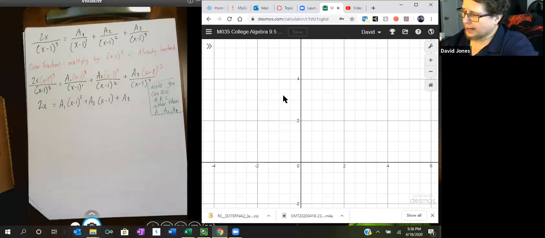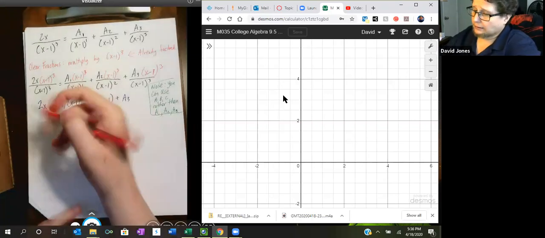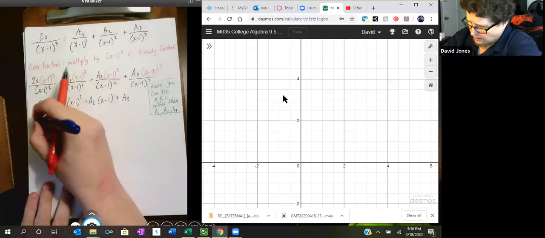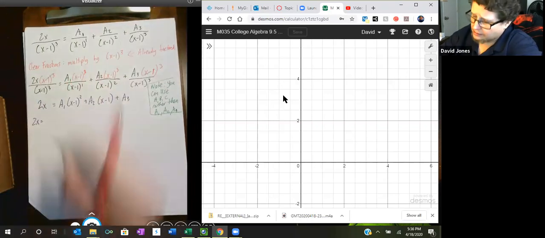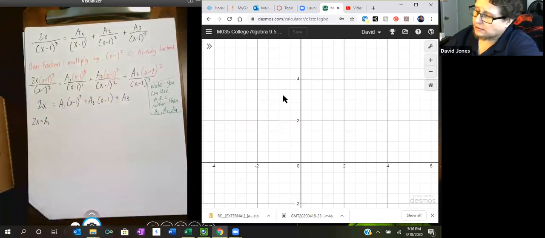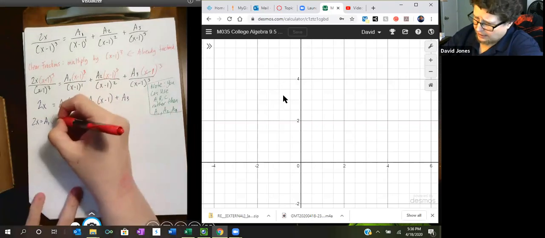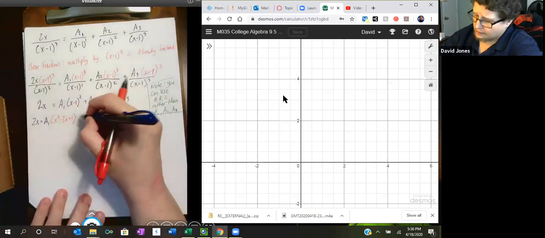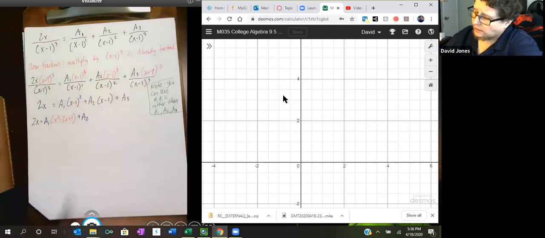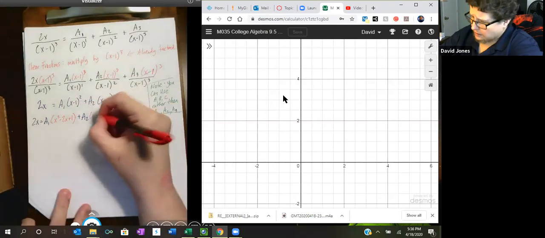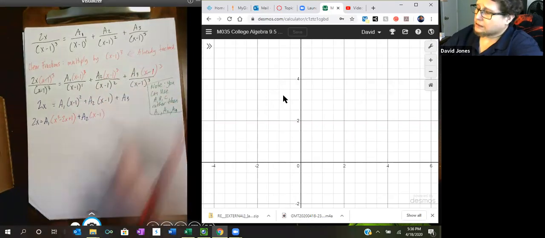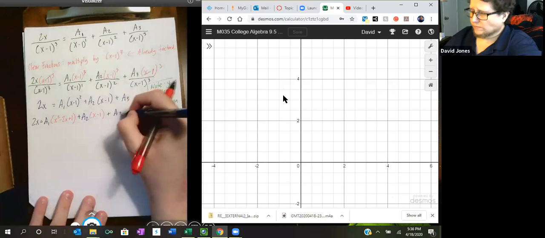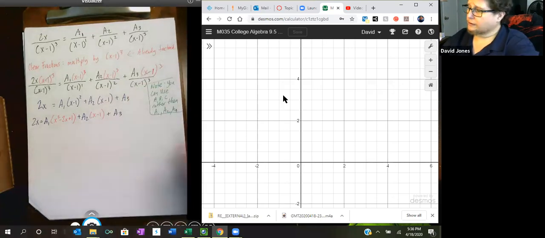So we're going to expand out what we've got. This is x squared minus 2x plus 1. And we'll distribute.